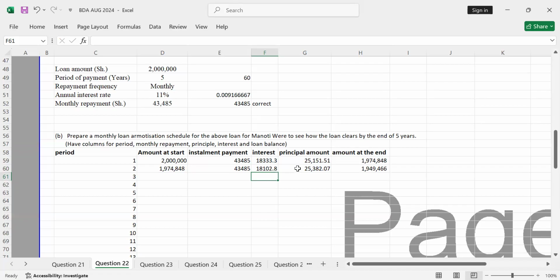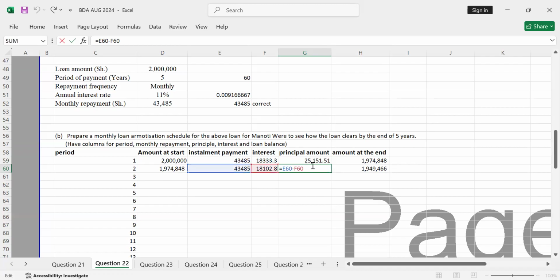So that once you get the interest, you can get now the amount as at the end, the principal amount, I mean. The principal amount will be given by the installment payment, you minus the interest.